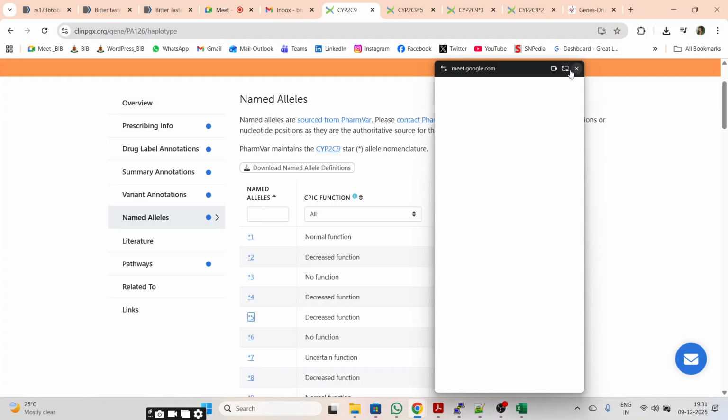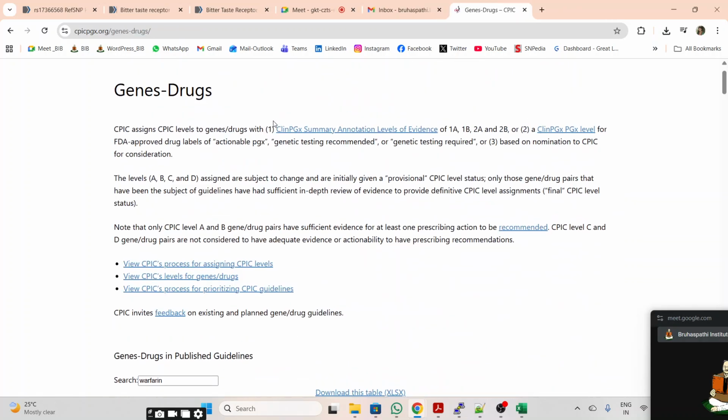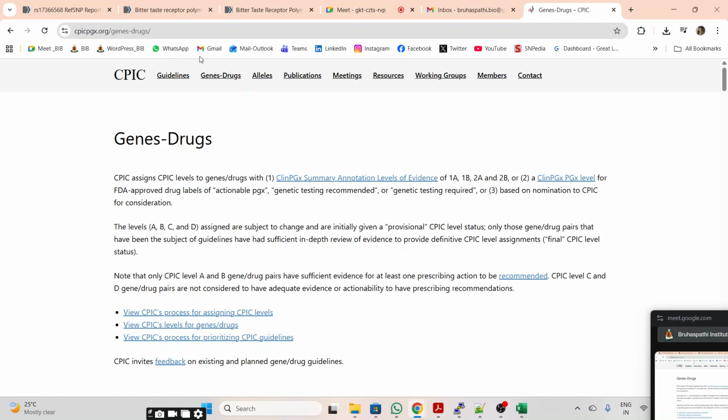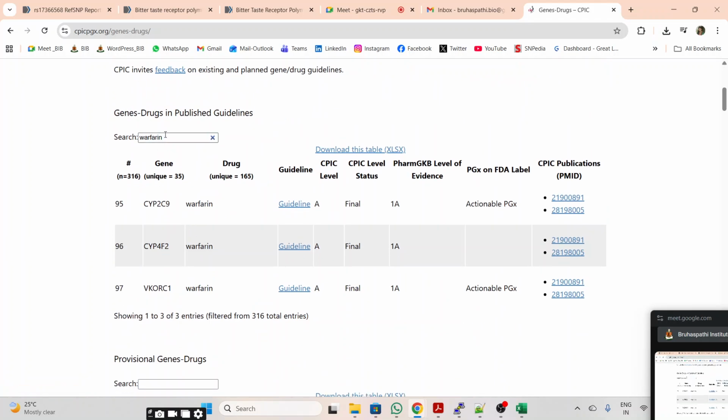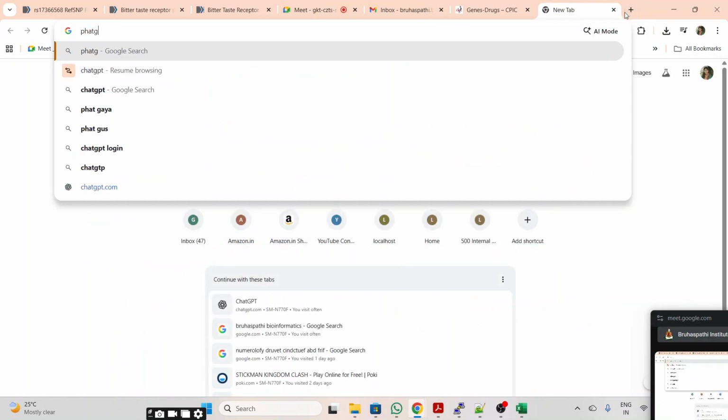For example, let's check metformin. Are there any guidelines approved for metformin? Okay, CPIC. As per CPIC, we do not have anything. Okay, let's go to PharmGKB.